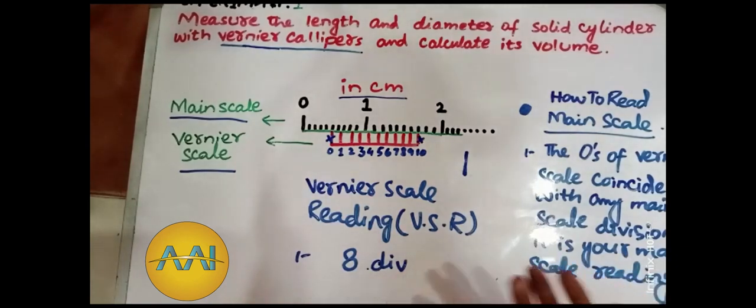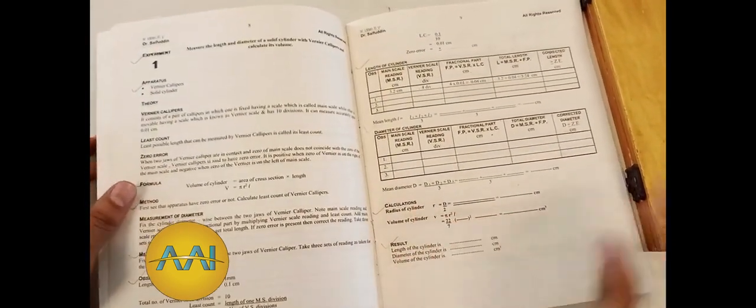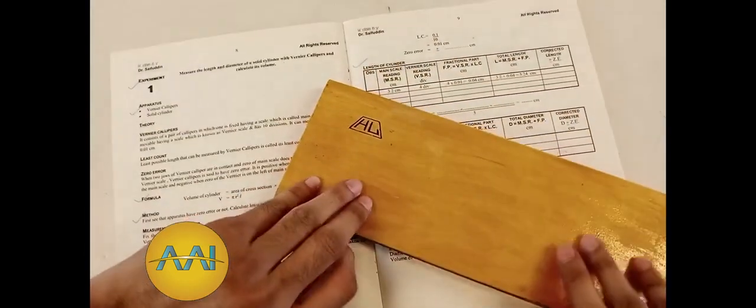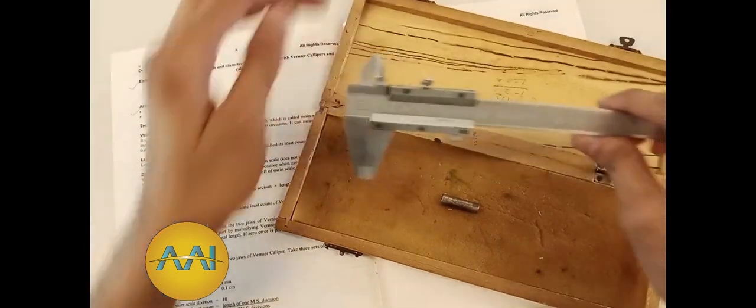Then we will note all the readings and make the observation table in the practical book or practical journal. So here it is. Just as I told you, we will perform with the apparatus now. So here is our apparatus, which is called the Vernier caliper.